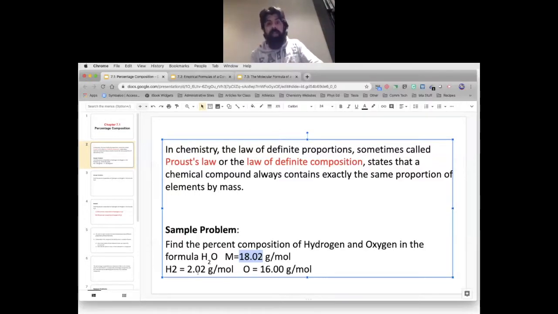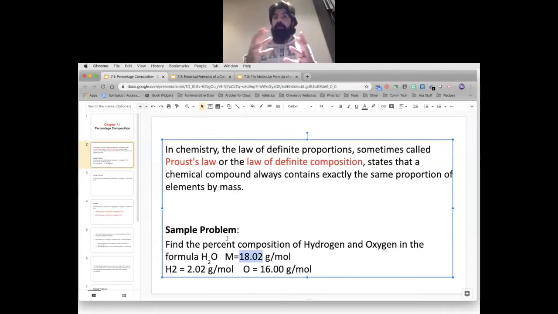So if we take the 2.02, divide it by the 18.02, and multiply by 100, we will get our percent of hydrogen that is found in water. We take the 16.00, divide it by the 18.02, multiply by 100 to find the percent, and we would get the percent composition of oxygen in water.